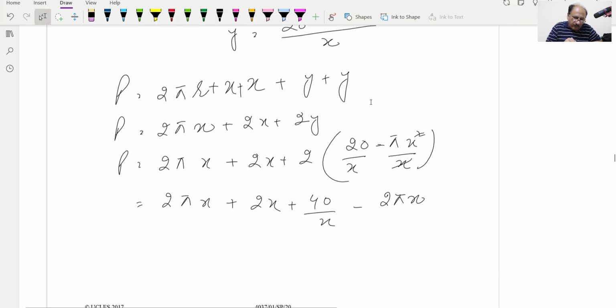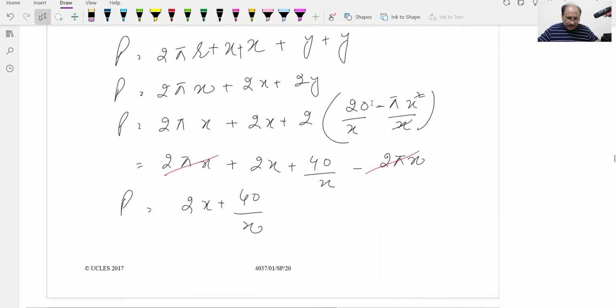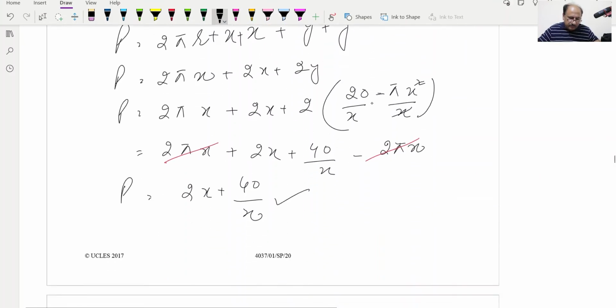Now we have one positive 2 pi x and one negative 2 pi x, so these two will cancel, and after cancellation we can write p is equal to 2x plus 40 over x. This is what we had to prove. It's the same thing which we have done.